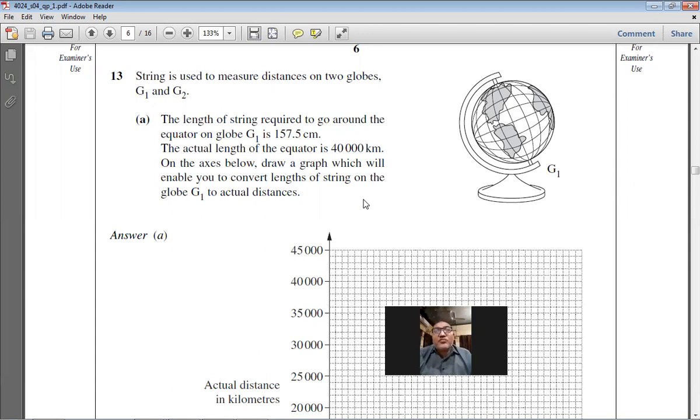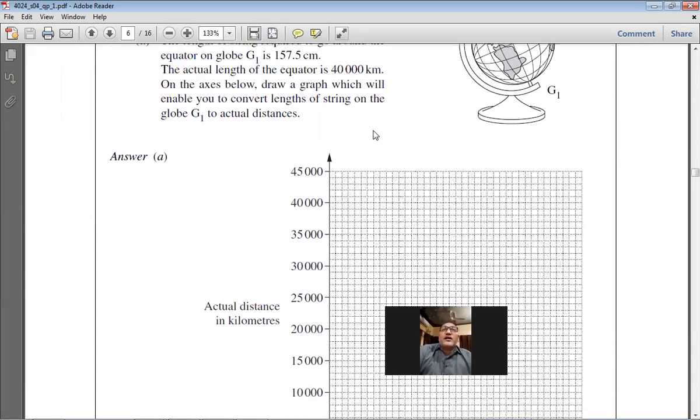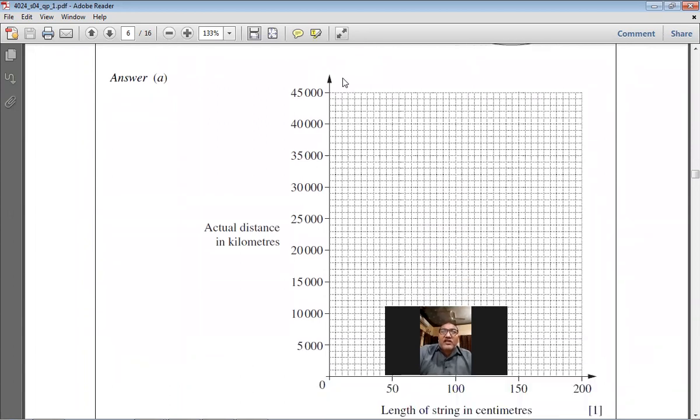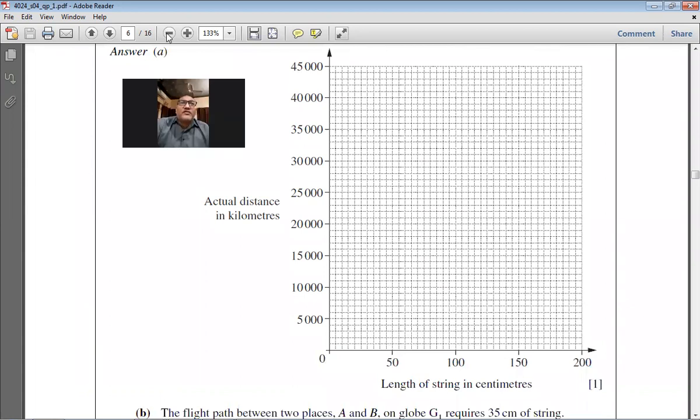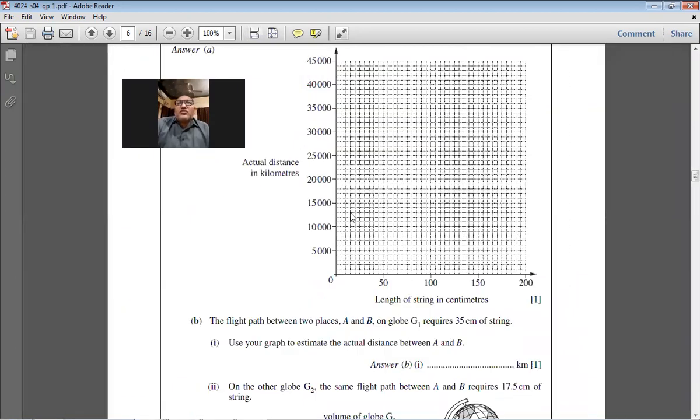On the axis below, draw a graph which will enable you to convert lengths of strings on the globe G1 to the actual distance. So 157.5, and the actual is 40,000. So here we have that graph. So let me reduce the size.